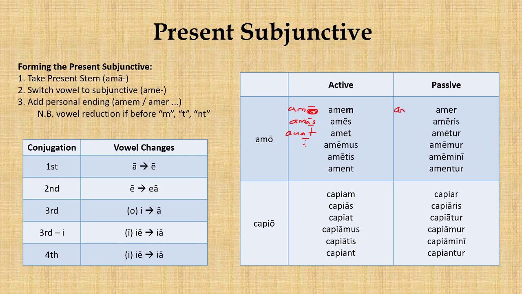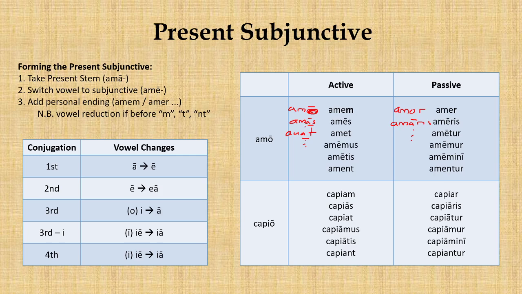And also for amor, amaris. So it goes in a similar way down that way. But the basic idea is that this is what we've been doing for months. We have our stem vowel here, which is a long A, which is the first conjugation stem vowel.